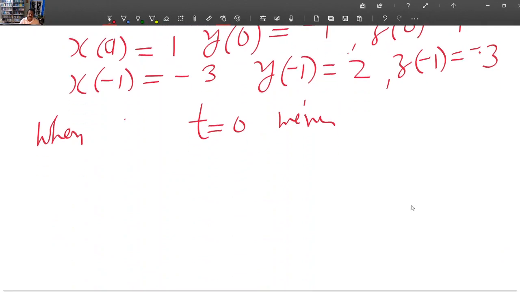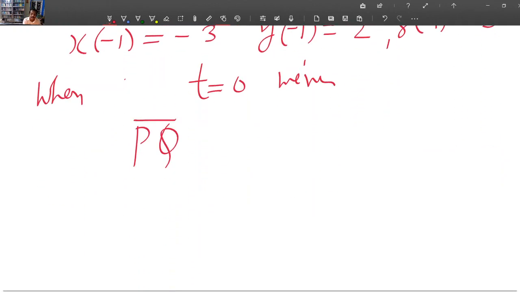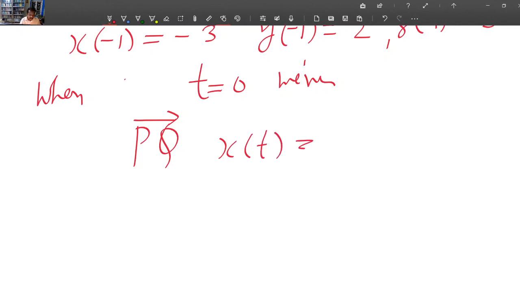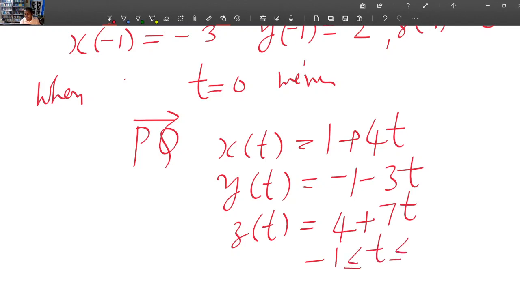So the equation of the line segment PQ, or the parameterization of the line segment, is x of t equal to 1 plus 4t, y of t equal to minus 1 minus 3t, z of t equal to 4 plus 7t, where minus 1 is less than or equal to t less than or equal to 0.